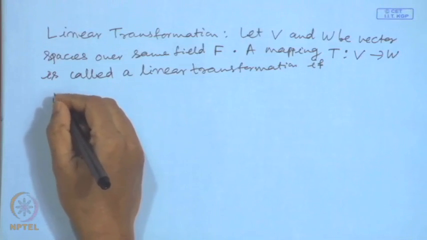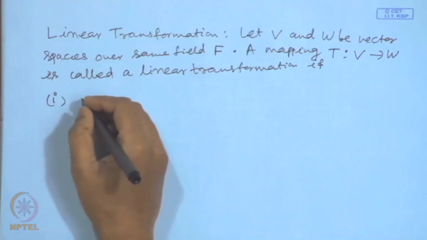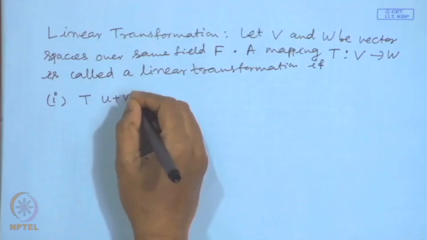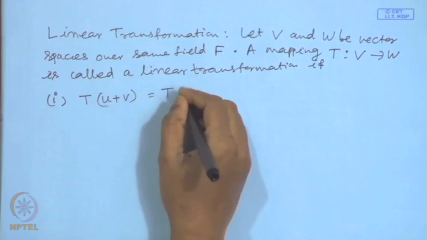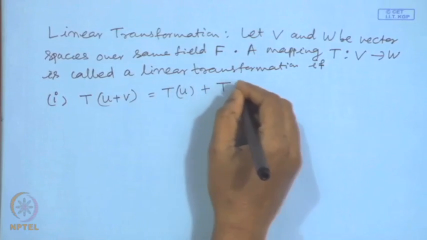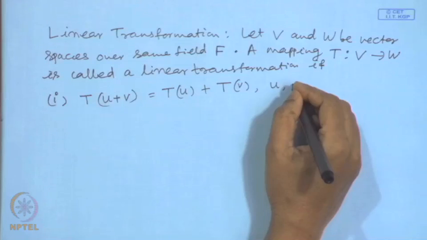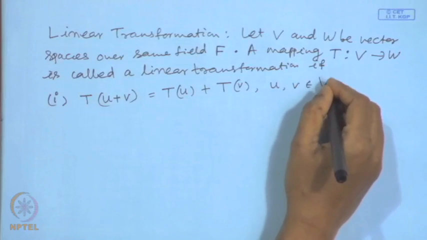The first condition is that T of u plus v is equal to T u plus T v for any vectors u and v in the vector space V.